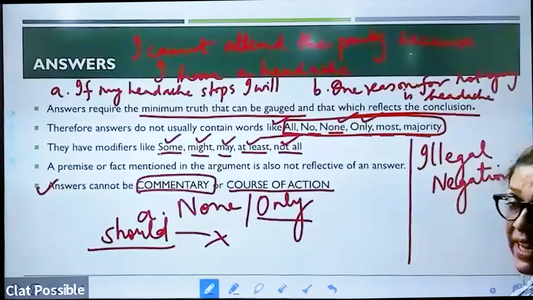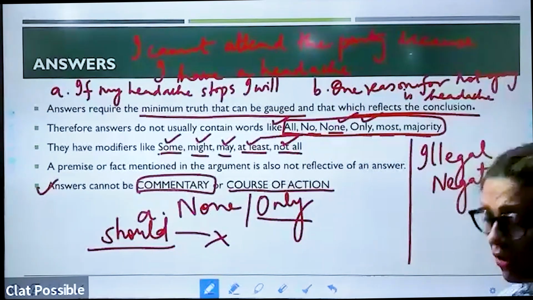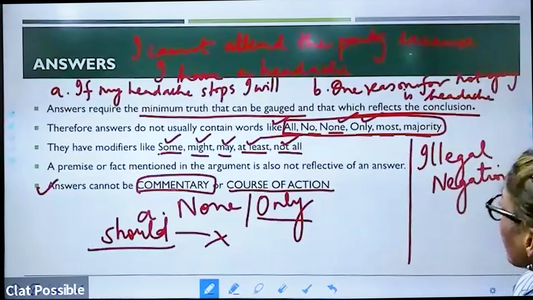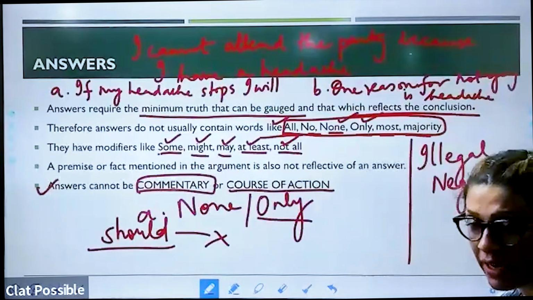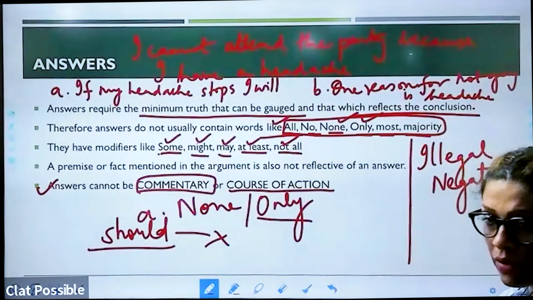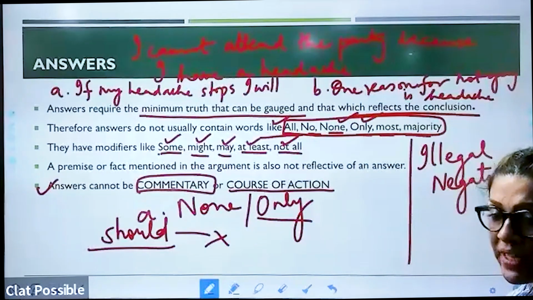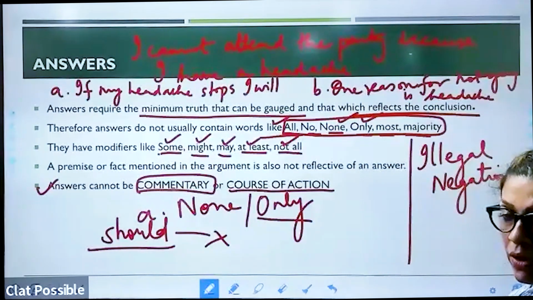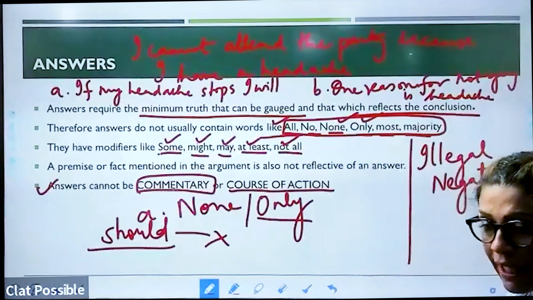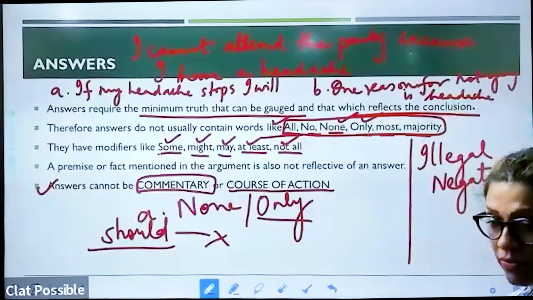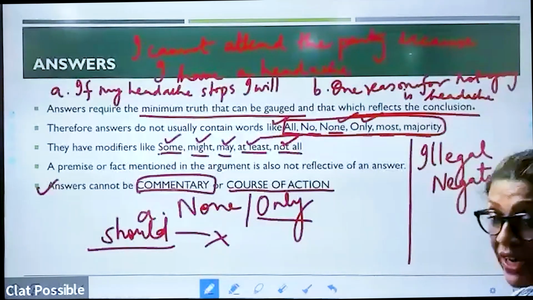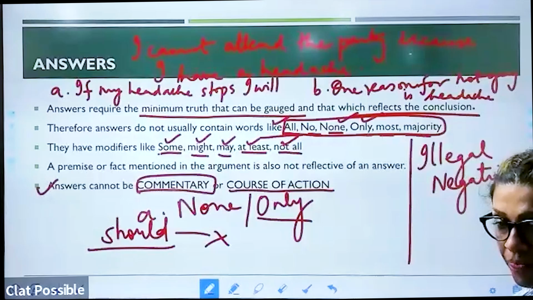Option A says if my headache stops, I will go to the party. And option B says one reason for not going to the party is headache. Can you tell me which will be the answer? Do you see what is happening? So here it is pretty evident. B is the correct answer.